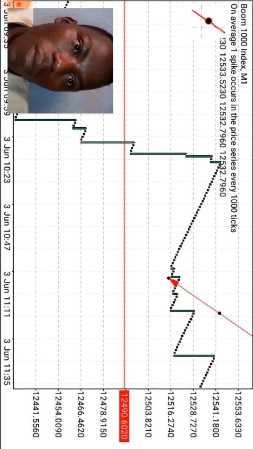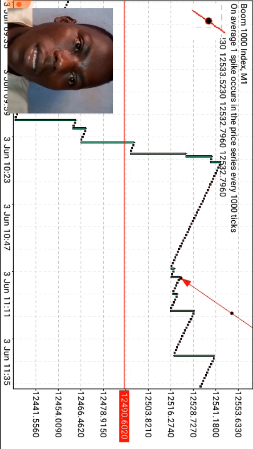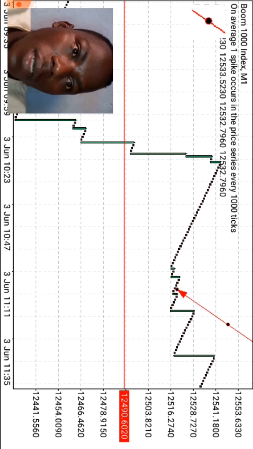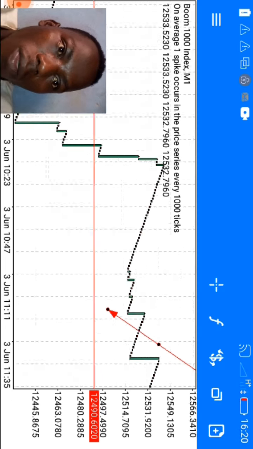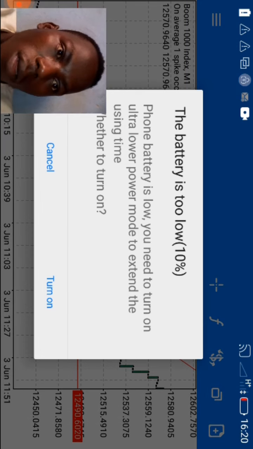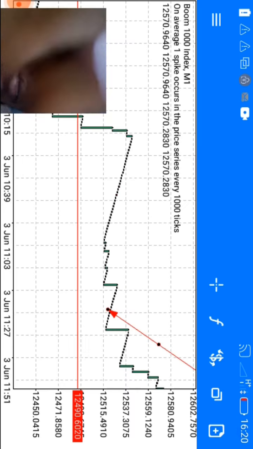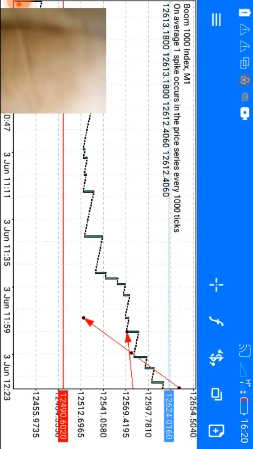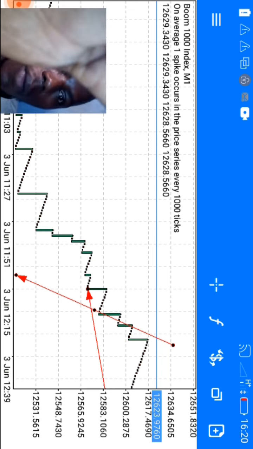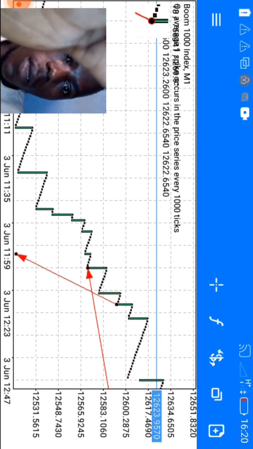Then when it came by the second time, again spiked. So it was verifying that this is verified support. So you enter there straight away and put your stop loss below, and you would ride the market all the way up.